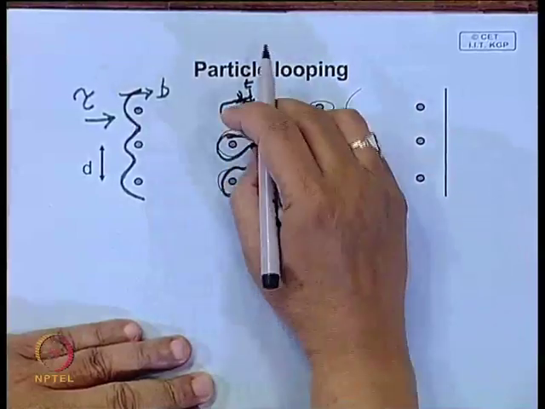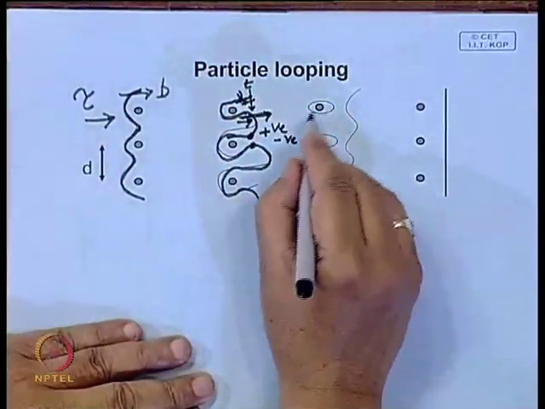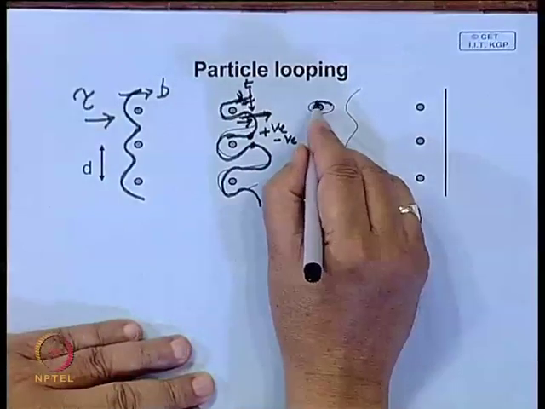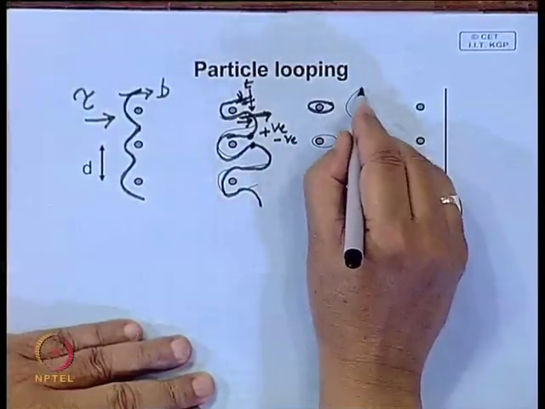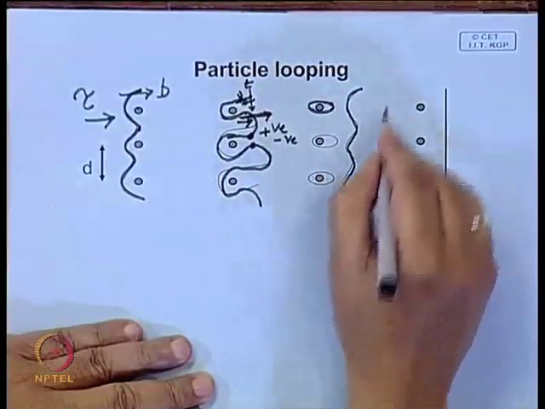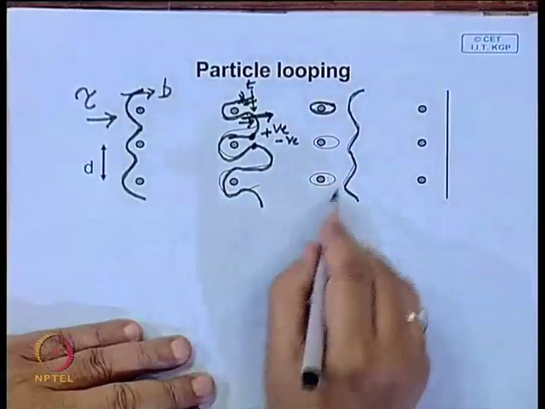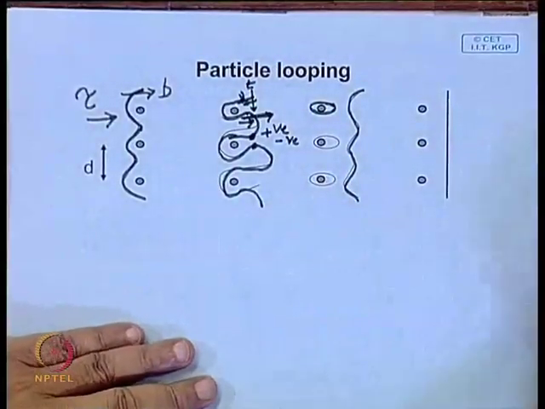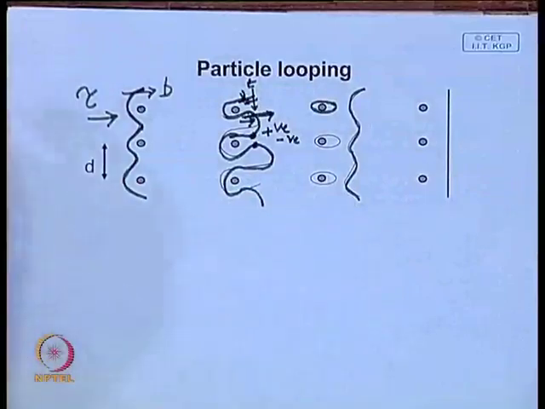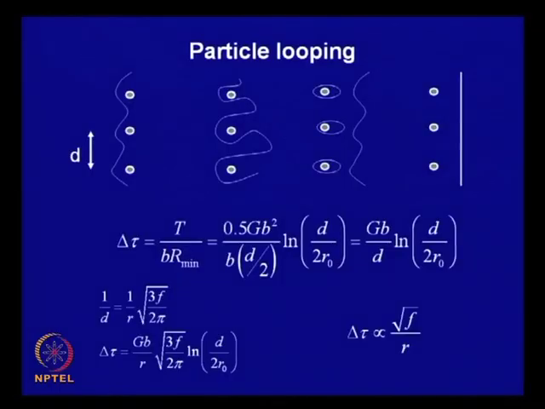Ultimately they will try to join, and when they join, a loop is left behind and the dislocation moves on, and later it becomes straight. With this assumption, it is possible to work out the relation for the magnitude of the additional CRSS stress which you need.